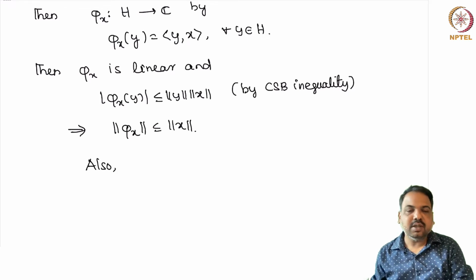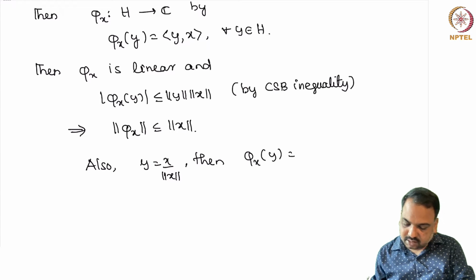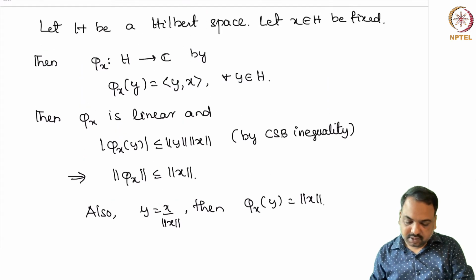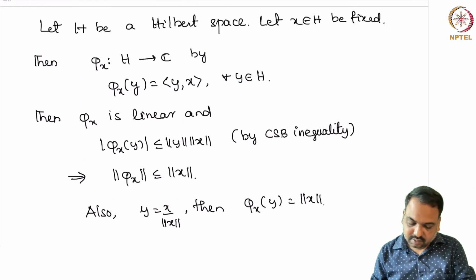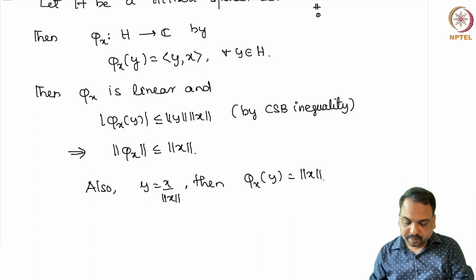We can also show the reverse by choosing an appropriate vector y. So y equal to x by norm x, then phi_x at y is exactly norm x squared by norm x, so this is norm x. Of course you have to start with x non-zero. When x is 0, phi_x becomes 0, and in that case also the same result holds true.